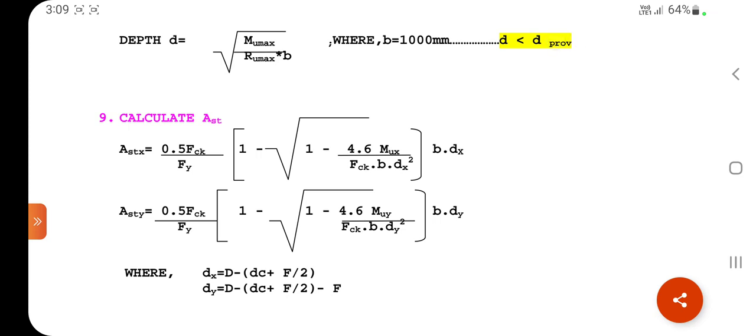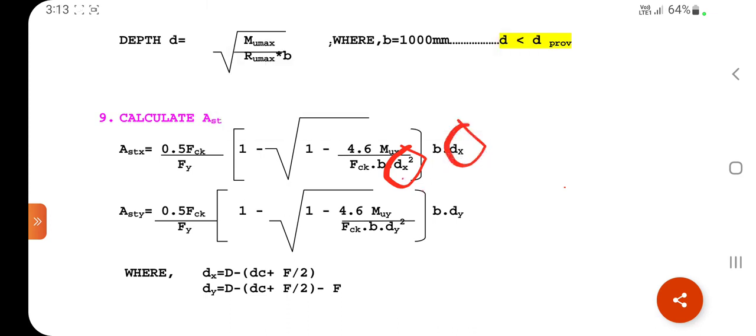Here Astx equals 0.5 fck upon fy into bracket 1 minus under root of 1 minus 4.6 Mux upon fck b dx square. Note that b dx square is b into dx squared.